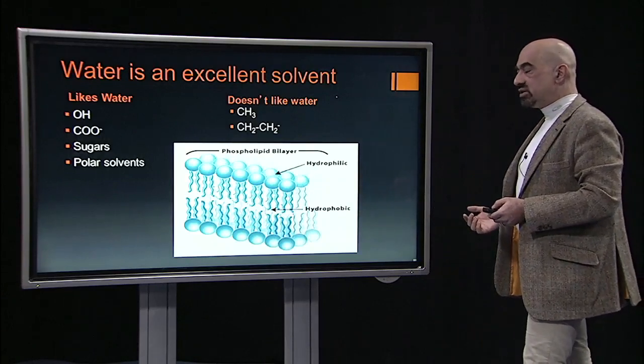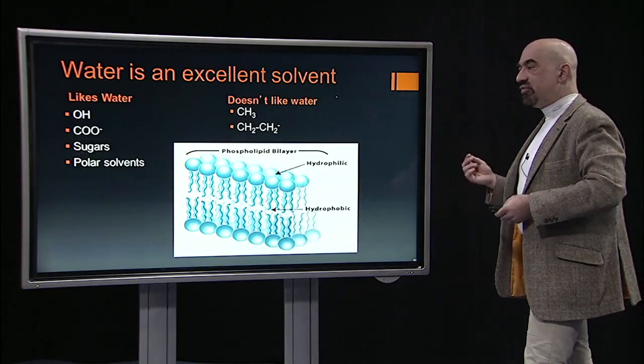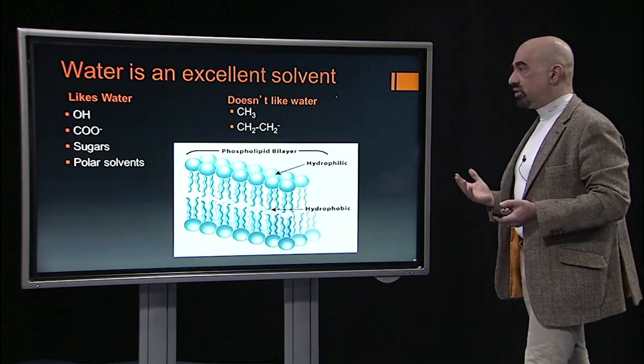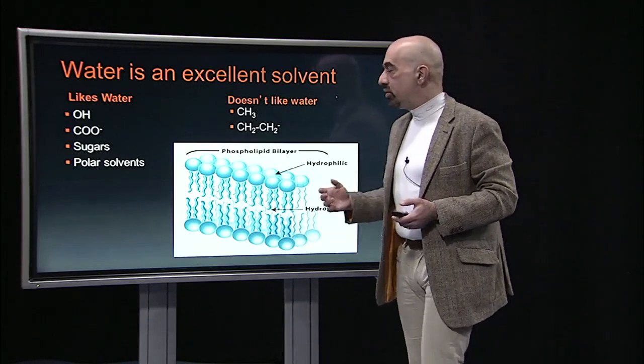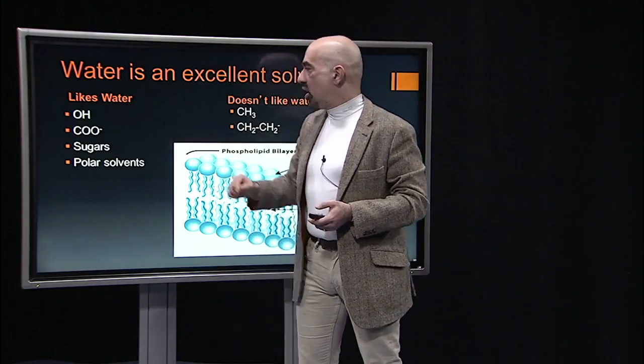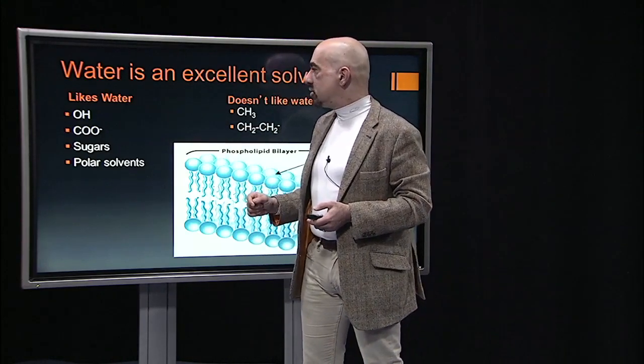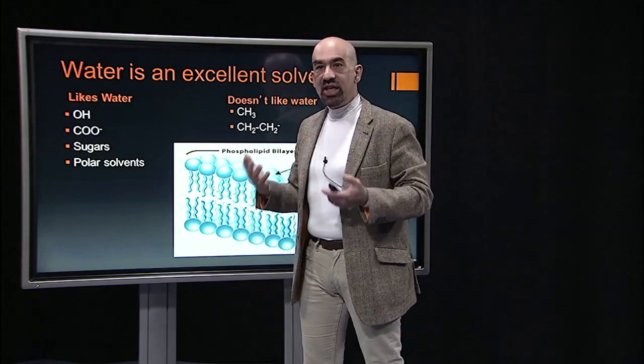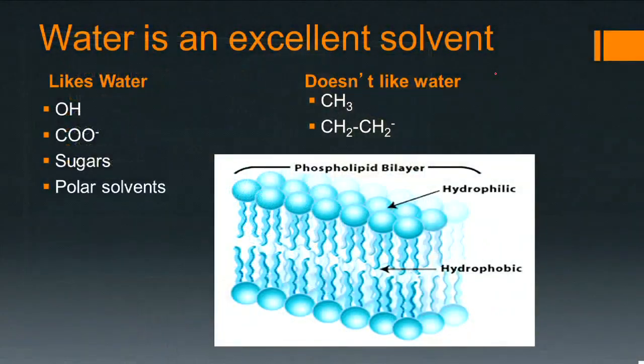Water being an excellent solvent means it has some very interesting properties in how it interacts with other materials. There are some molecules or molecular endings that are hydrophilic. They like water: OH, COO, sugar, polar solvents.